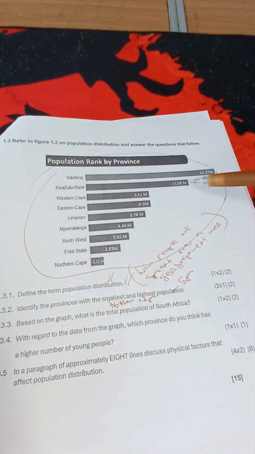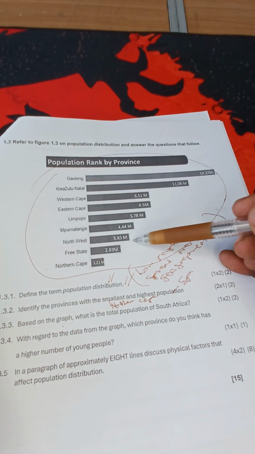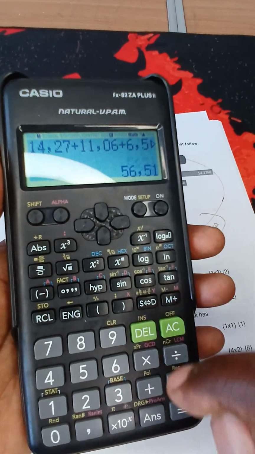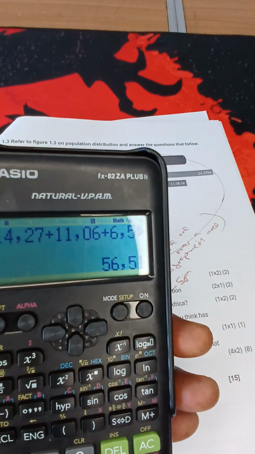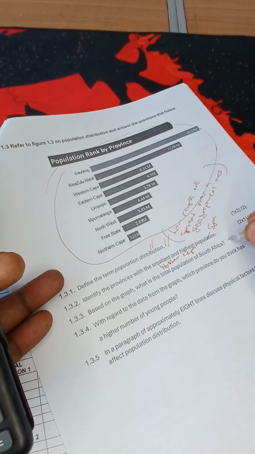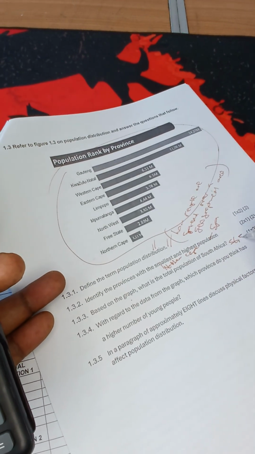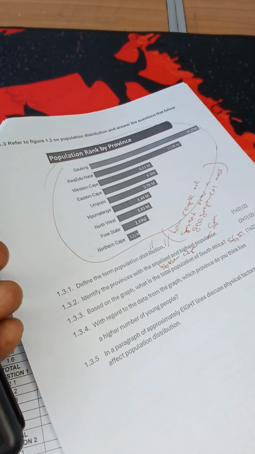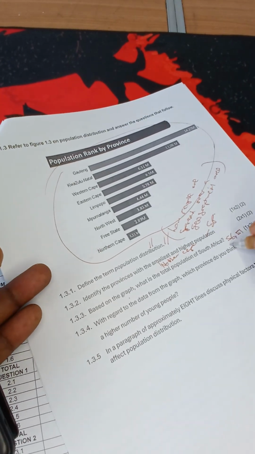So we are adding all the population from different provinces so that we know the population of South Africa. What is the answer there? It is equal to 56.51 million. That's what we have according to this.